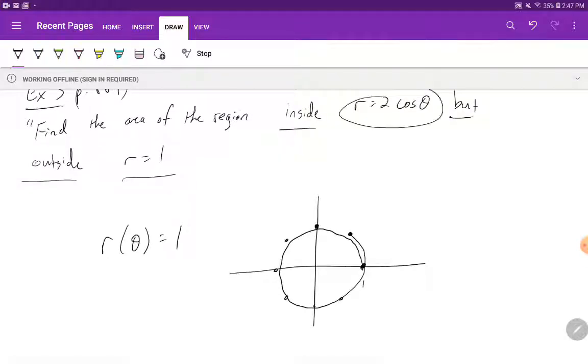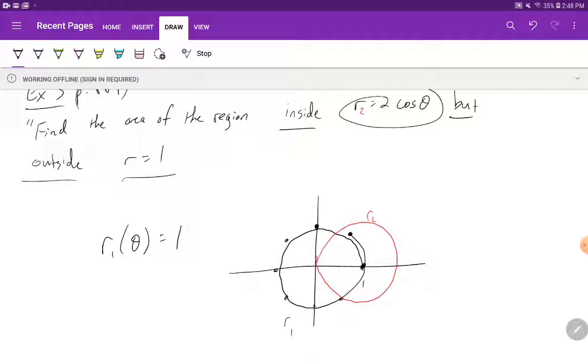The other one, 2 cos theta, if you were paying attention during class, this is going to be a circle with radius 1 that expands outward towards the positive x-axis. So it's going to look like, I'll do this one in red, like that. Ugh, whatever, it's good enough, right? So I'll call this R2, sorry, and this one is R1.